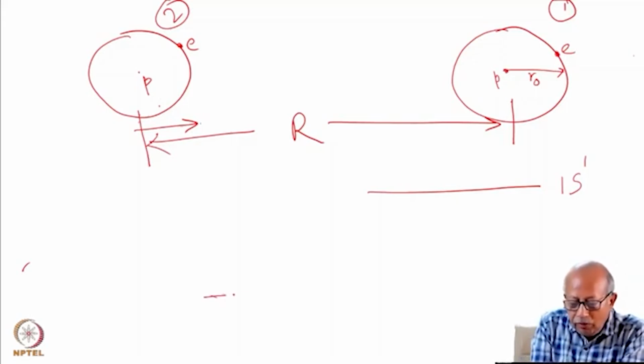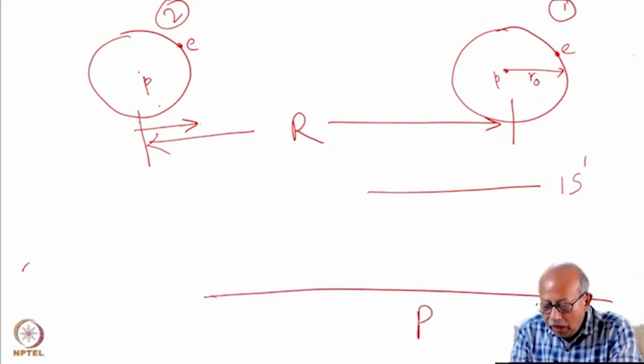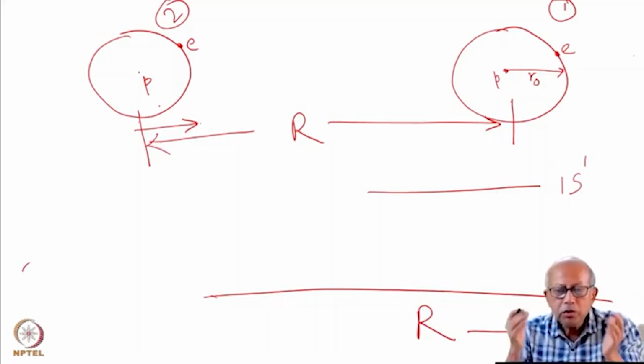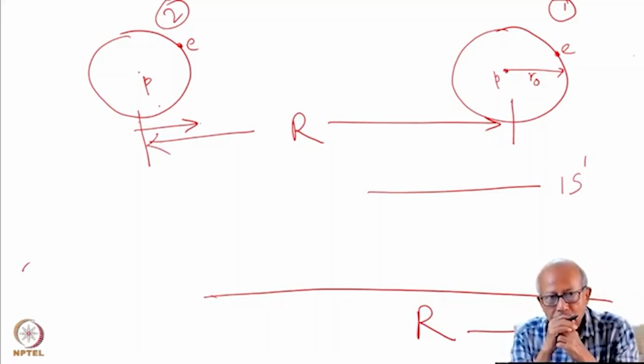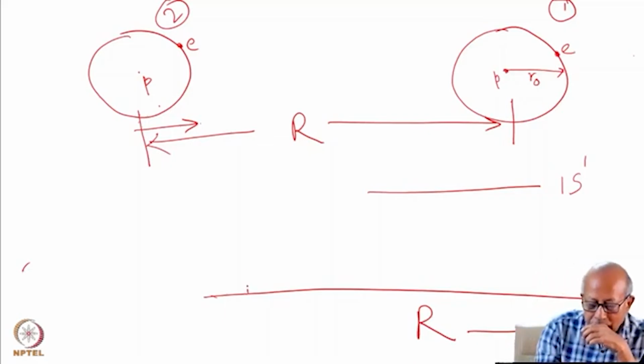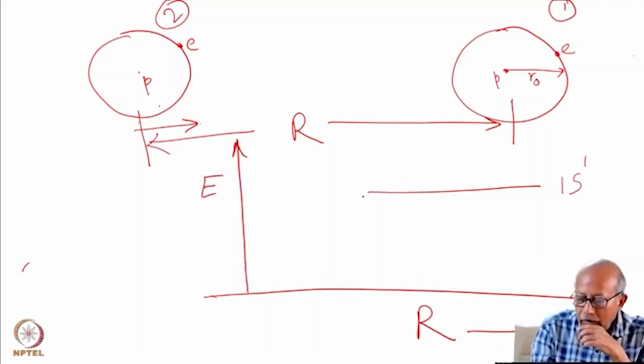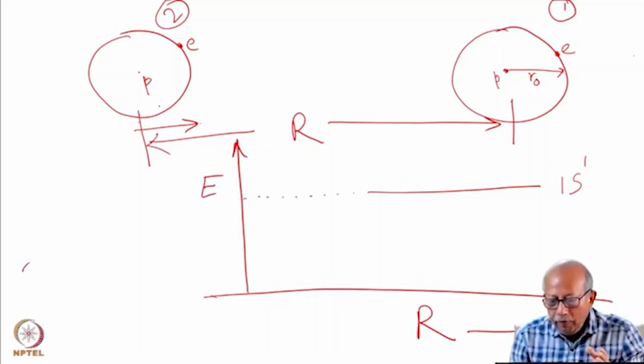So we basically plot this, where this is my R, the separation between the two atoms, and this is the energy. So the isolated atom has this much energy.